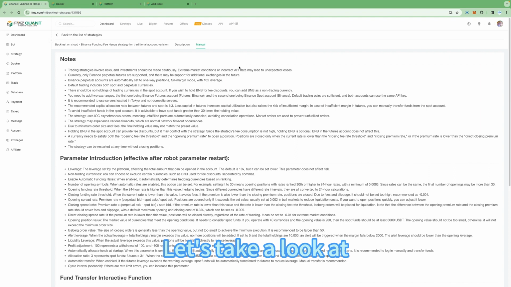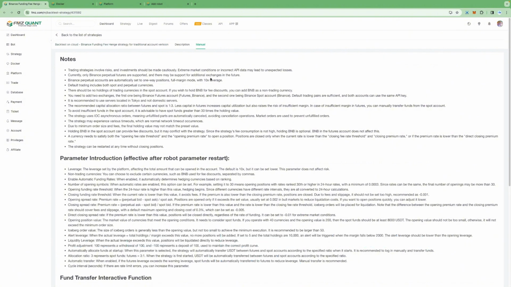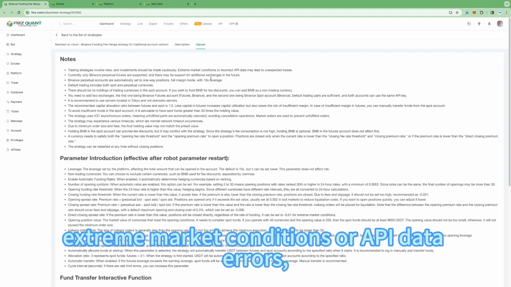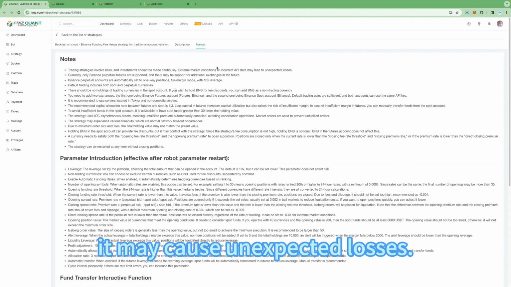Let's take a look at the precautions. Firstly, any strategy carries risks, and investment needs to be cautious. If we encounter extreme market conditions or API data errors, it may cause unexpected losses.